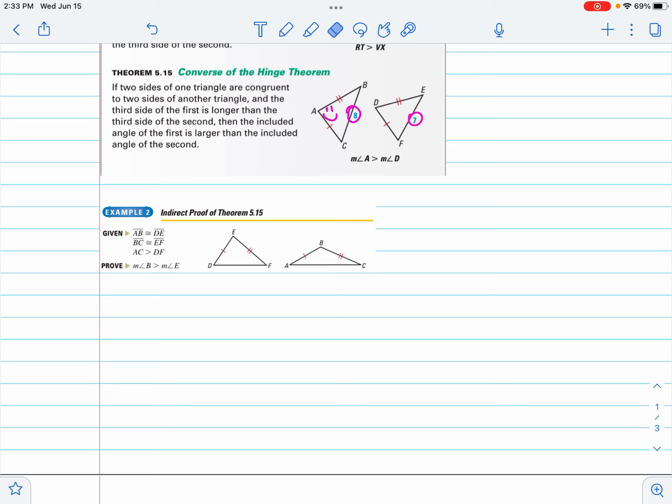Well, let's assume it's not. Let's assume that the measure of angle B is not greater than the measure of angle E. And then if we can contradict that assumption, then we've proven what we want to prove.